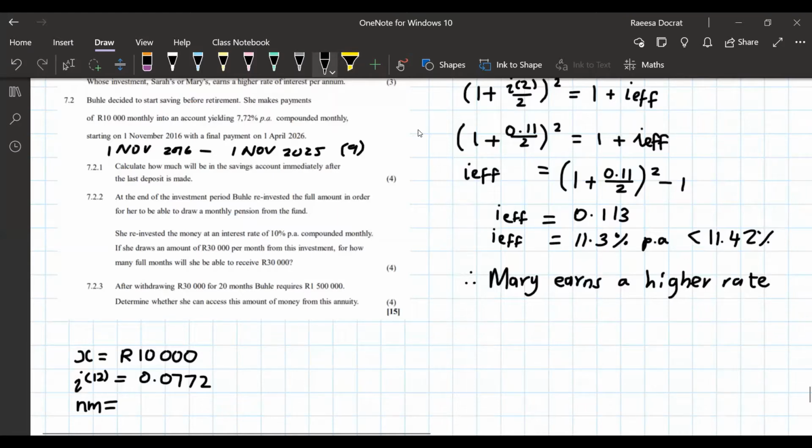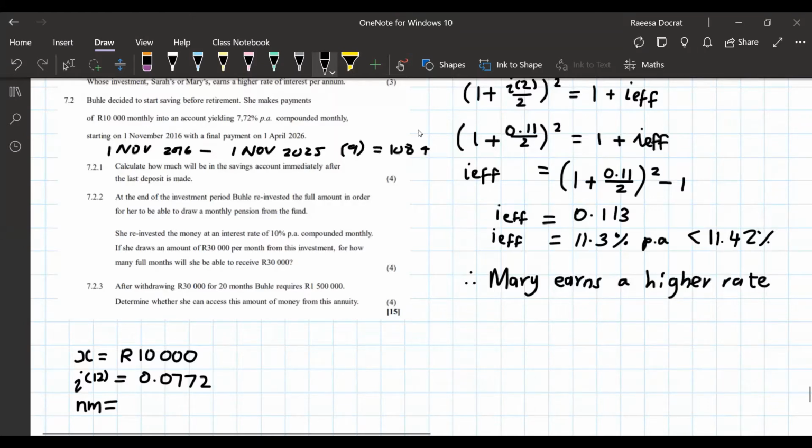And then we have to count the number of months from the 1st of November to the 1st of April, because it's not full years. Let's get out the calculator. So 9 full years is 108 months, plus the months from November to April.